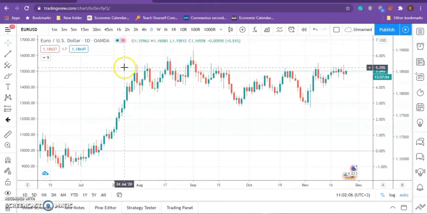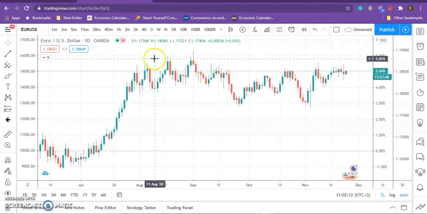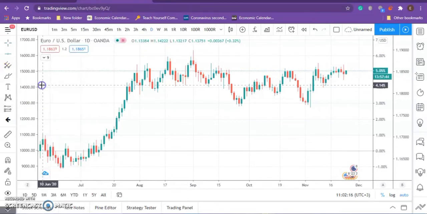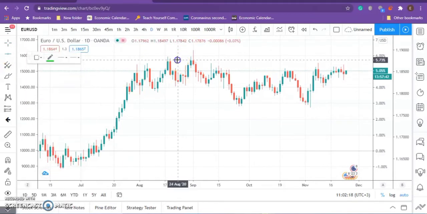The more points I have on my level just over here, I can say that this is my resistance. I can take a line there and put my resistance there.